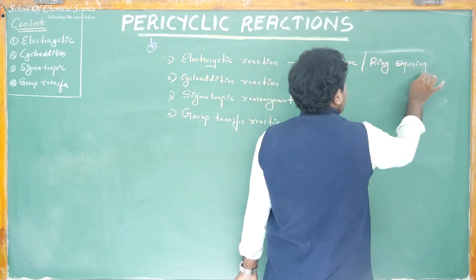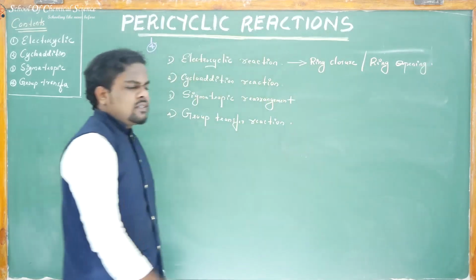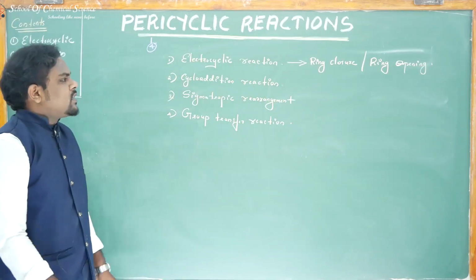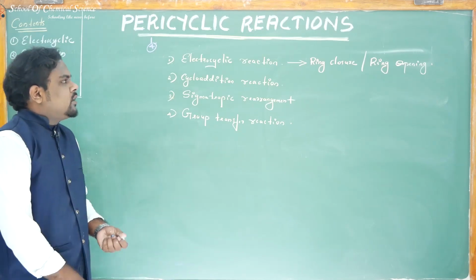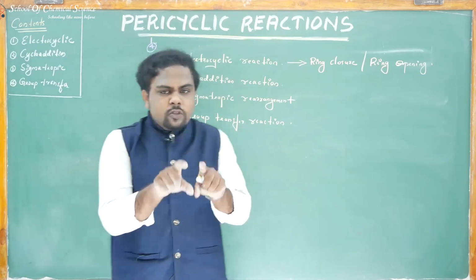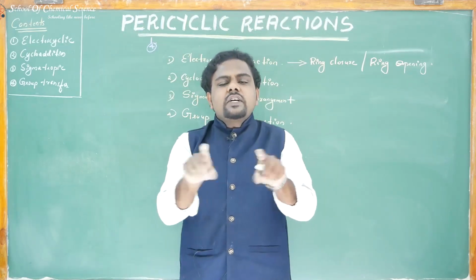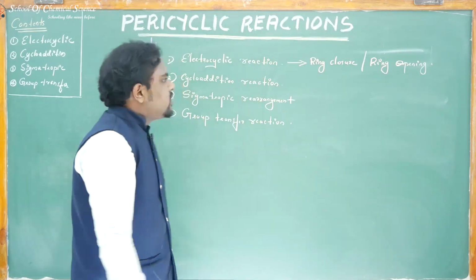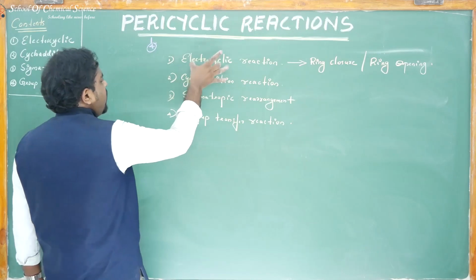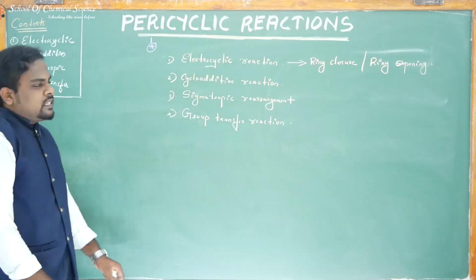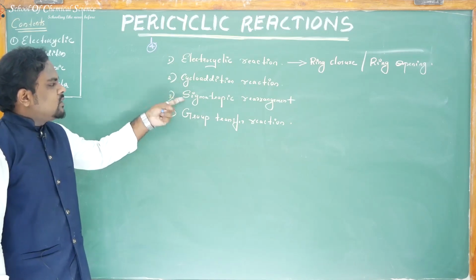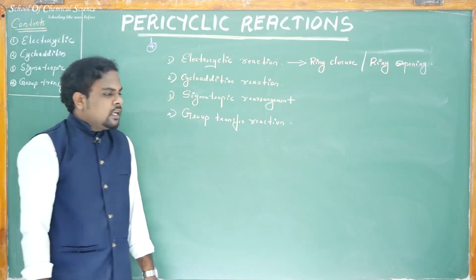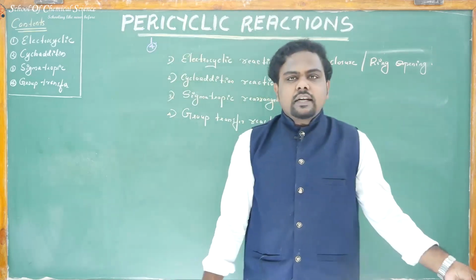All the details we will study later. We have to discuss one by one. In the first lecture, I will start with the most important, electrocyclic reaction. Then in the coming lectures, we will discuss cycloaddition, sigmatropic rearrangement and group transfer reaction.